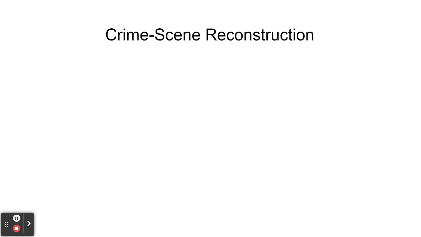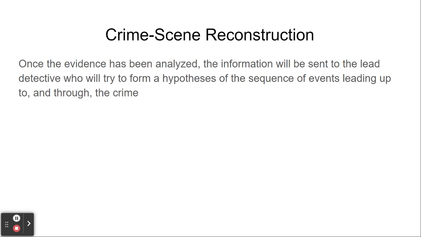And then the last part here, looking at the crime scene reconstruction. Once everything has been analyzed, all of the information is gathered, all of the witness statements, all of the pictures, all of the lab documentation, everything is put together and is going to be sent to the detective or group of detectives that are going to work through that information and try to reconstruct what took place in the commission of that particular event, right?